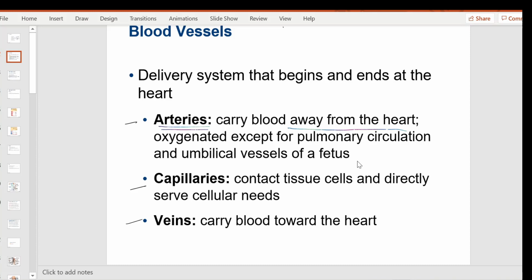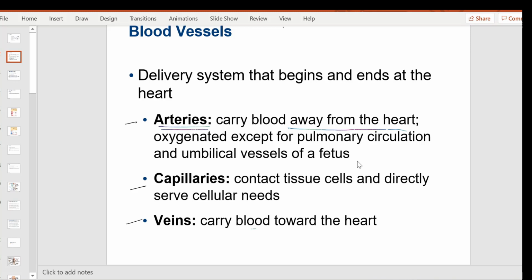So it is not true that all arteries carry oxygen rich blood. Only in systemic circulation arteries carry oxygen rich blood, but in pulmonary circulation it is opposite. Arteries carry carbon dioxide rich blood to the lung. Okay, but arteries always take the blood away from the heart.